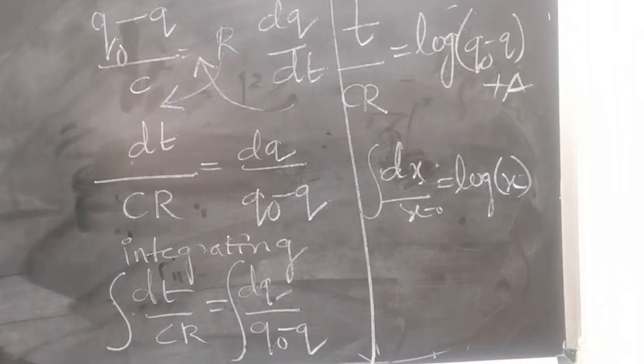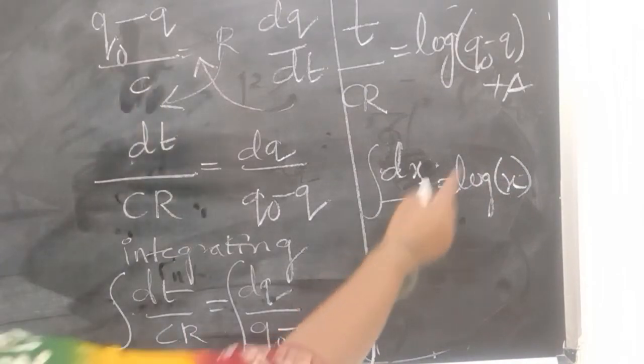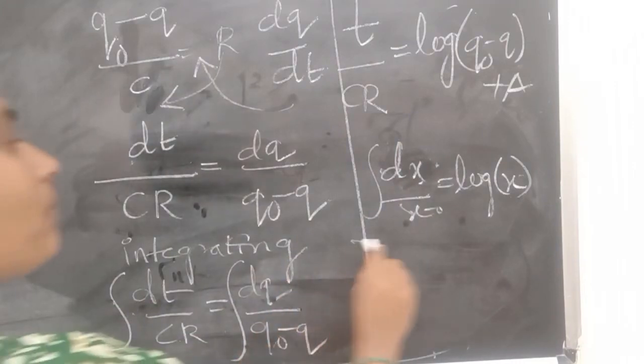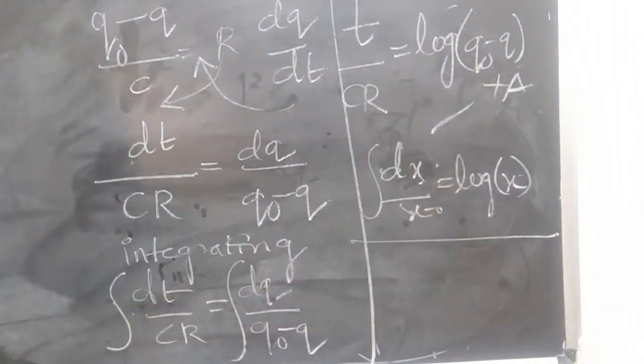So that we have applied there. So x means what we are having here? Q naught minus Q. So I am applying this formula and I have written this. Please take this calculation.